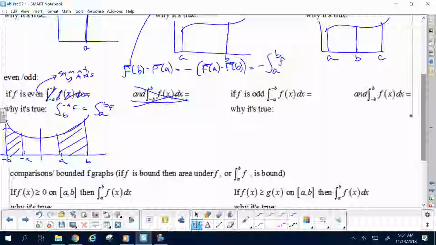Okay, let's go here. If you talk about an odd function, like x cubed or sine, let's talk about one region from negative b to negative a that has symmetry with a region from a to b.